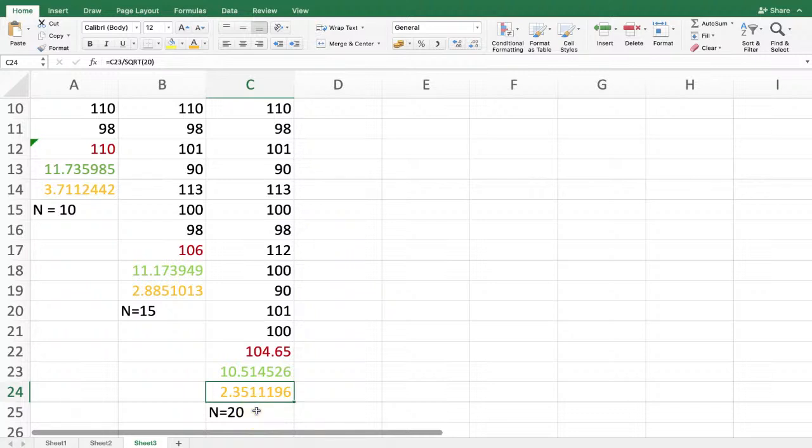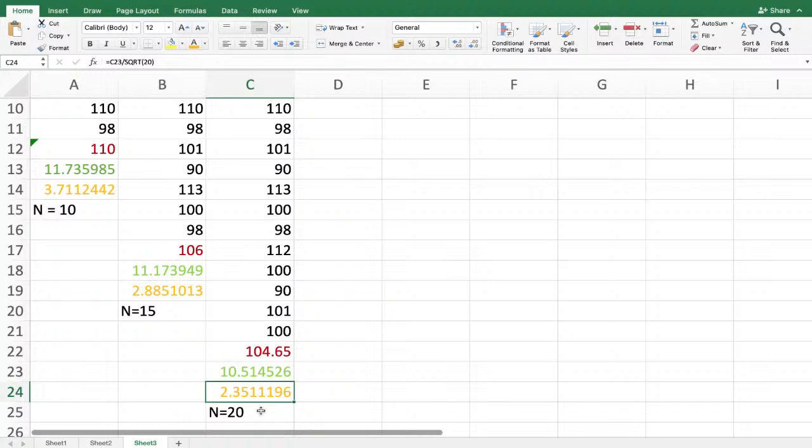Okay, what is the effect of increasing n? Increasing the sample size decreases the error, yes? The higher the number of observations, the lesser the standard error. Therefore, the higher is your confidence.